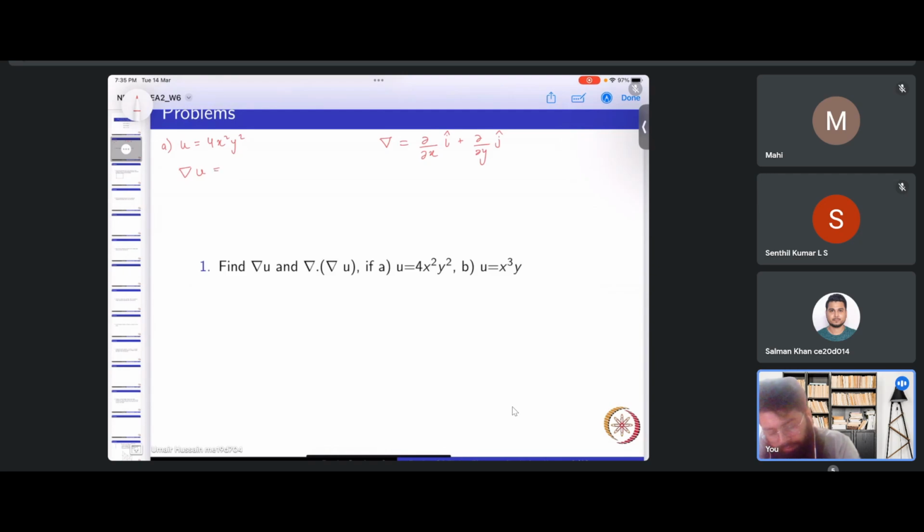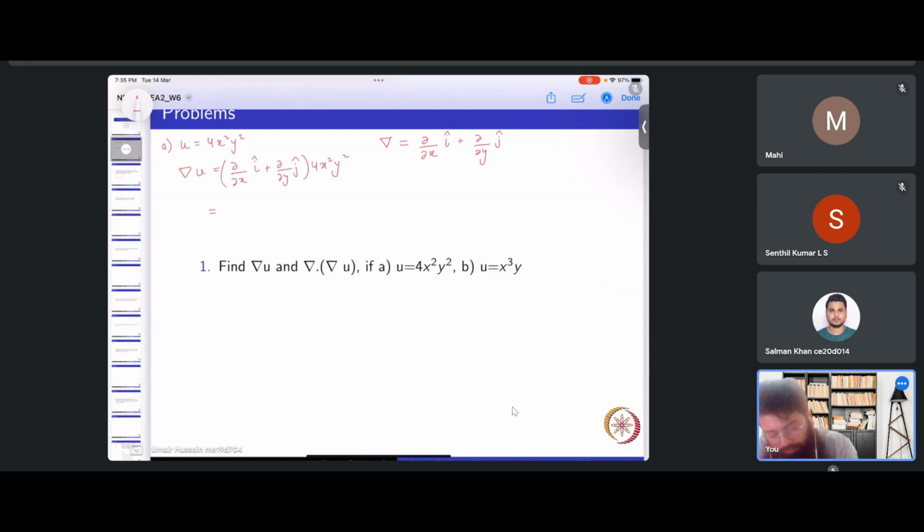So we can do the same expansion for 4x square y square.